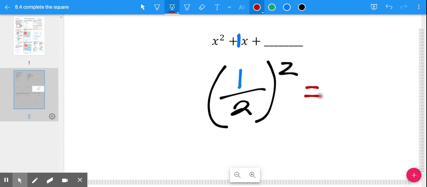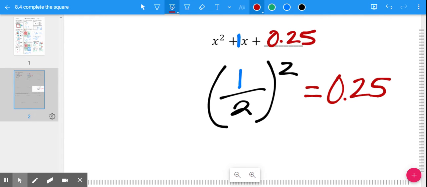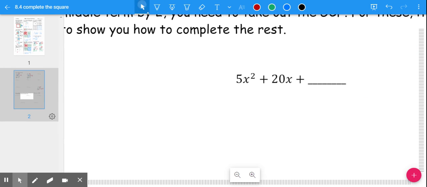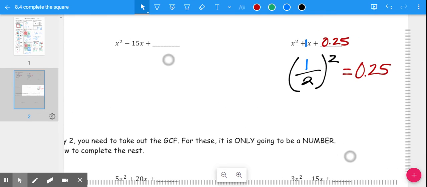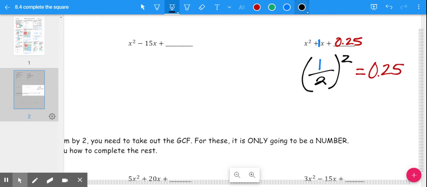So half squared is 0.25, which is also 1 over 4. So 0.25 is our answer. So when we put this into our binomials, we end up with what's inside is half, so plus 0.5, or you could have left it as the fraction 1/2.